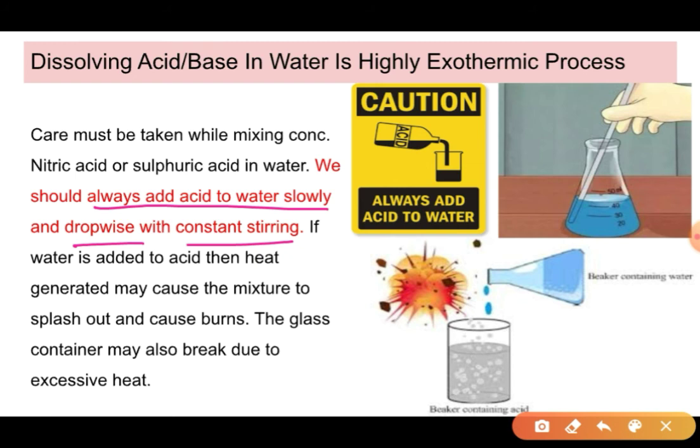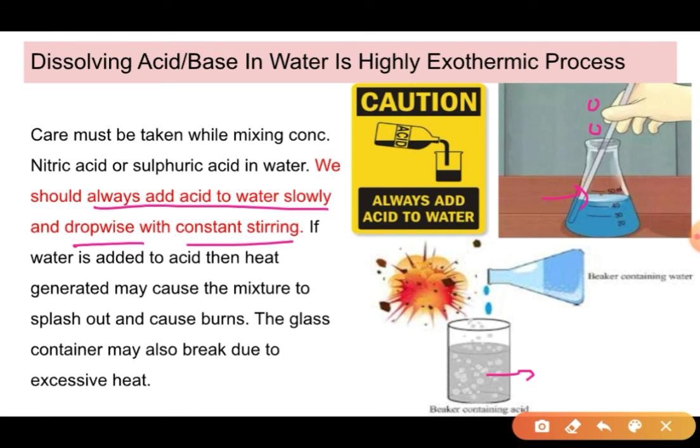So when we add acid dropwise, whatever heat is generated in this solution will be absorbed by the water. That is why we have to keep stirring this solution, so that the heat is spread throughout the water, and the water absorbs that amount of heat. If we directly add water to the acid, the acid will not be able to absorb the heat.